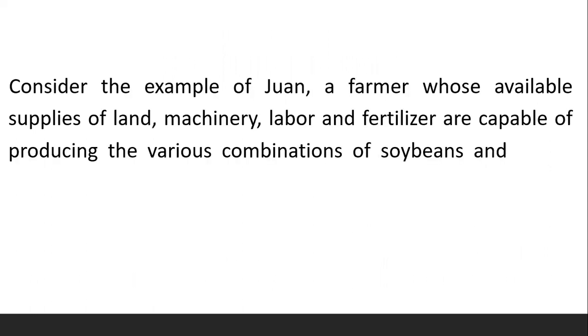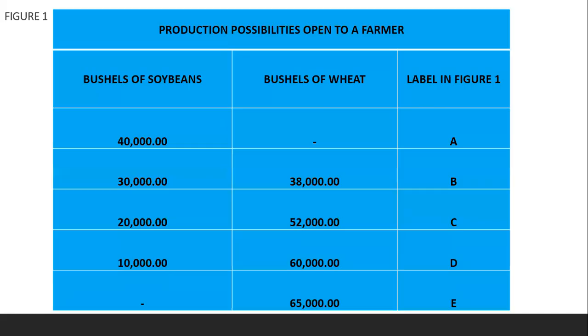Let's consider the example of a farmer whose available supplies of land, machinery, labor, and fertilizer are capable of producing various combinations of soybeans and wheat. Let's look at figure 1.